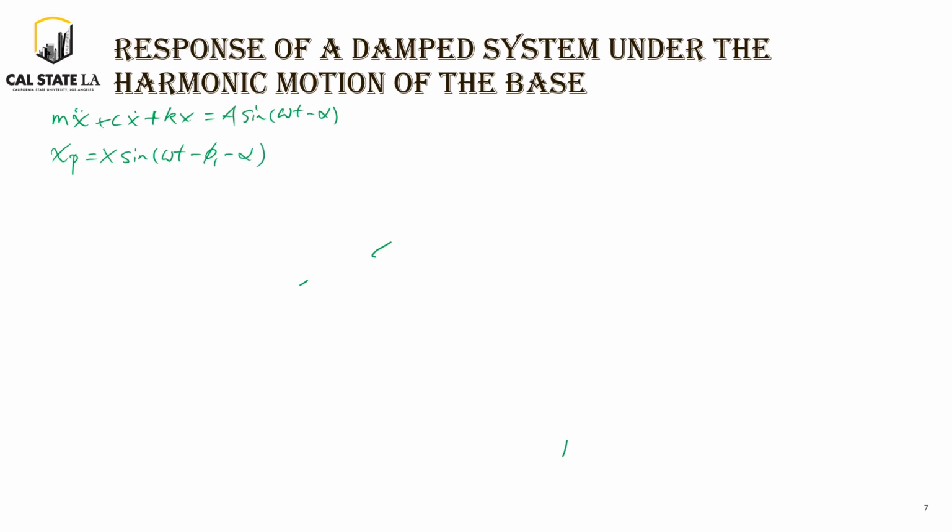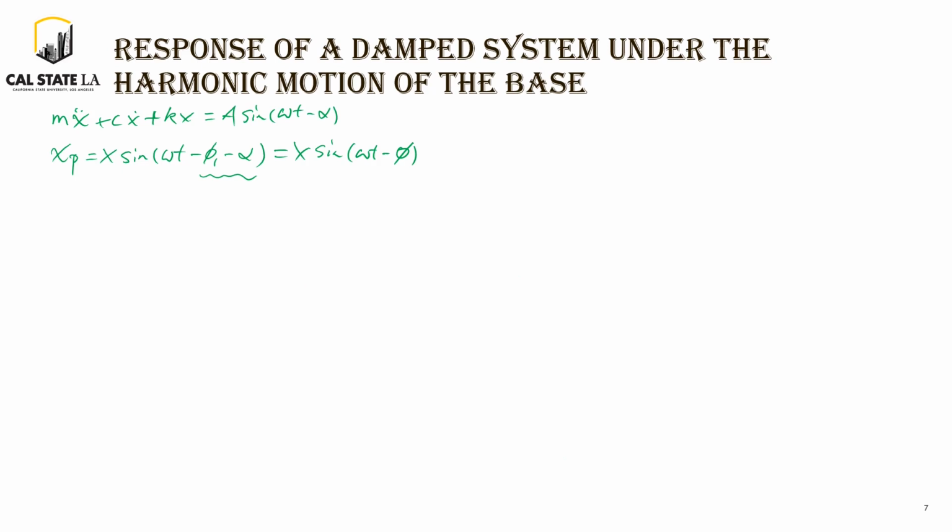And actually this phi 1 plus alpha becomes my new angle phi, right? Omega t minus phi. So we know that the angle phi over here is equal to alpha plus phi 1.